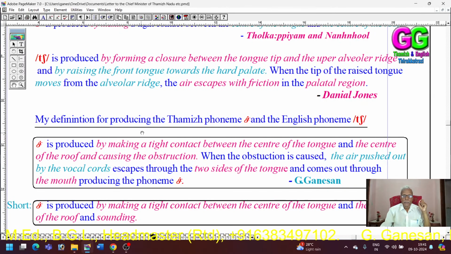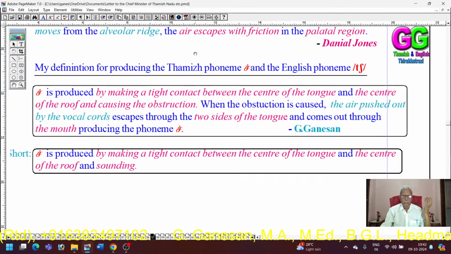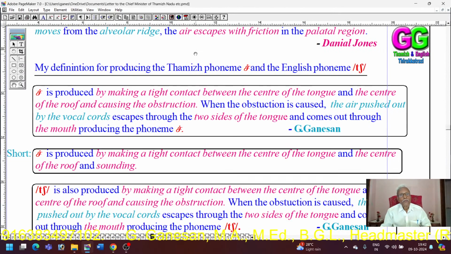My definition for producing the Tamil phoneme "ch" and the English phoneme "ch": both are the same phoneme. "Ch" is produced by making a tight contact between the center of the tongue and the center of the roof and causing the obstruction.